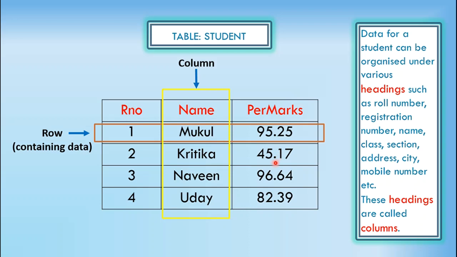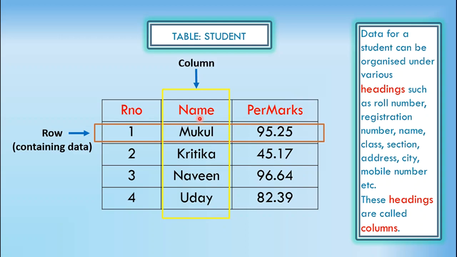Real numbers are the numbers which have a fractional part, like 45.17, 96.64, -21.83, and so on. The column name contains text values. Text values can contain any sequence of characters. These characters can include letters from A to Z, digits from 0 to 9, spaces, and special symbols like comma, colon, dollar, etc.